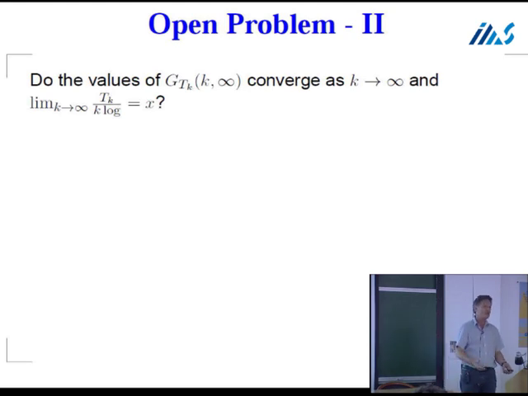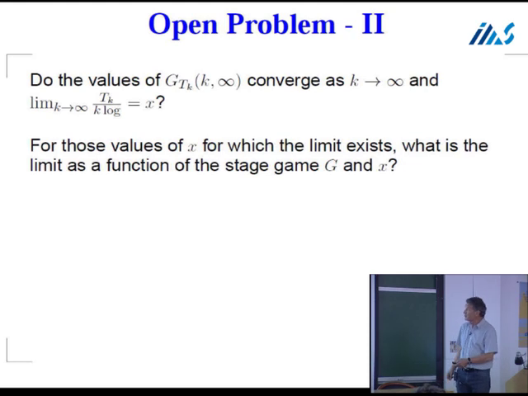You could ask the same question, why is this the right scale? Maybe it's a completely different scale, and here I don't have a good answer, okay? But there is a conjecture that if it is true, this is the right answer. So for those values of x for which the limit exists, what is the limit as a function of the stage game g and x?